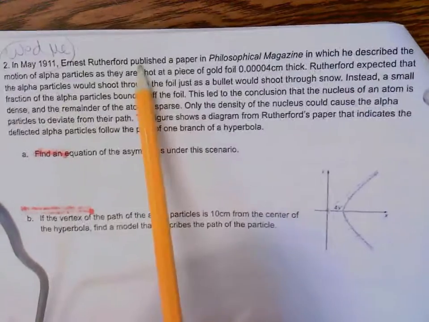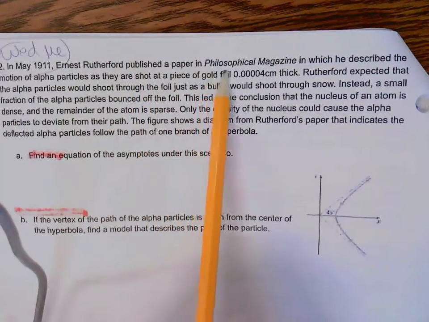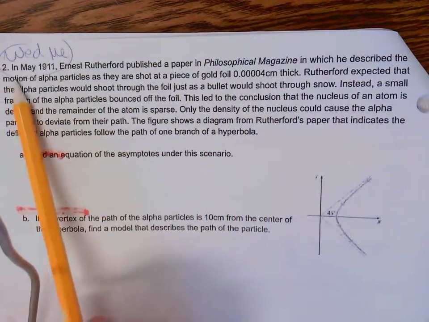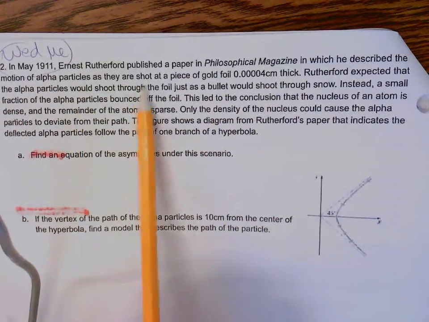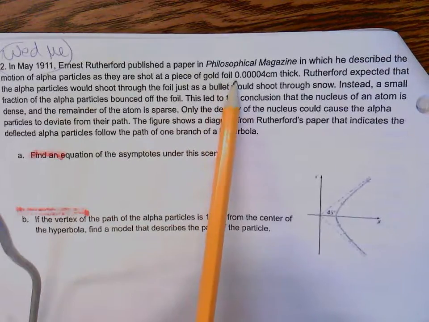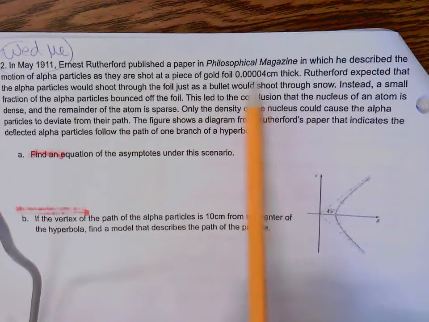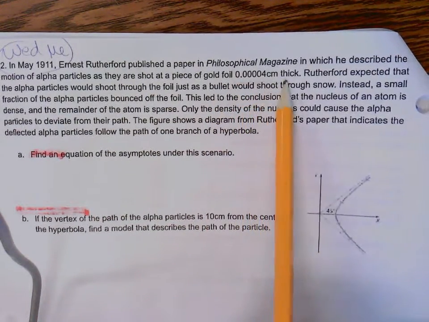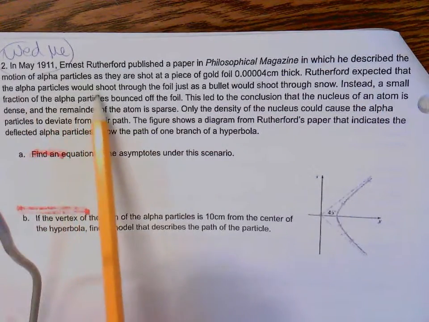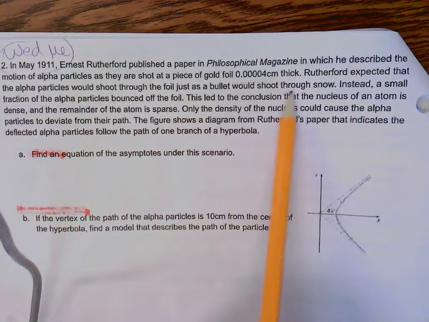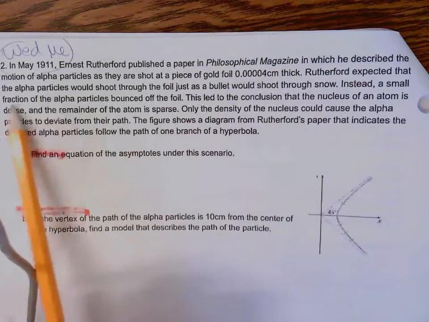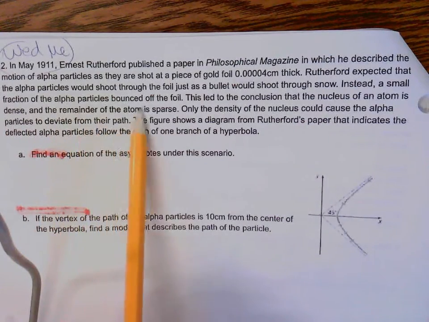Anyway, he published a paper in Philosophical Magazine in which he described the motion of alpha particles as they shot at a piece of gold foil that was 0.0004 centimeters thick. Rutherford expected the alpha particles would shoot through the foil like a bullet would shoot through snow. Instead, a small fraction of the alpha particles actually bounced off the foil.